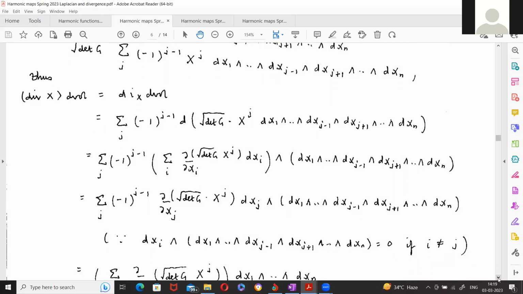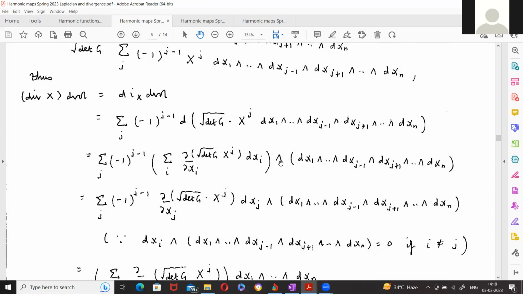Okay. Now I'll get a sum over i, j, but again, if i is not equal to j, then dxi will occur over here and also over here. So dxi will occur twice, but we know that the wedge product is alternating on one forms, right? So dxi wedge dxi is 0, and the wedge product is associative.